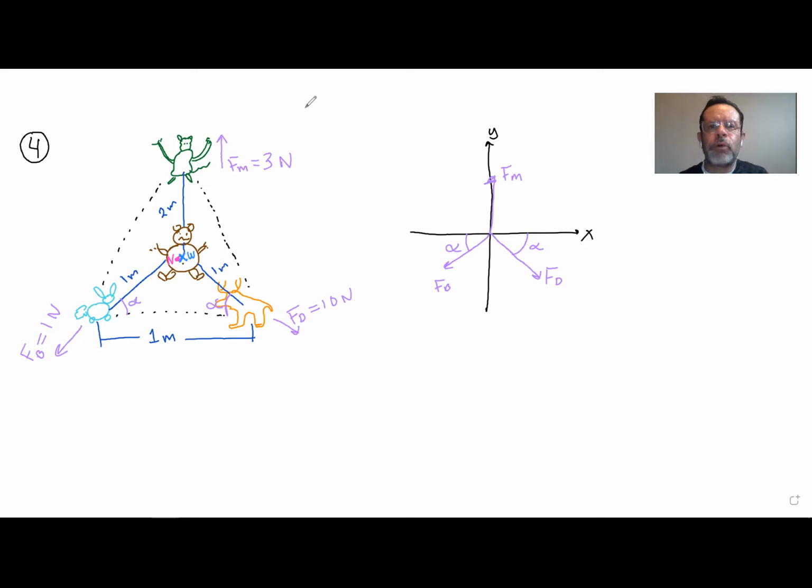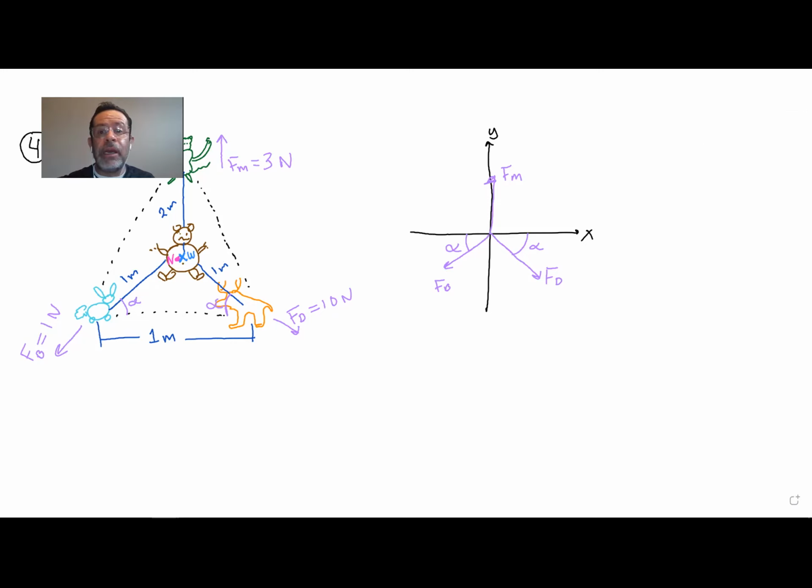And so before we do any other calculations, this is a dynamic situation. So the sum of forces in X is going to be FD, the force of the deer, times the cosine of alpha.